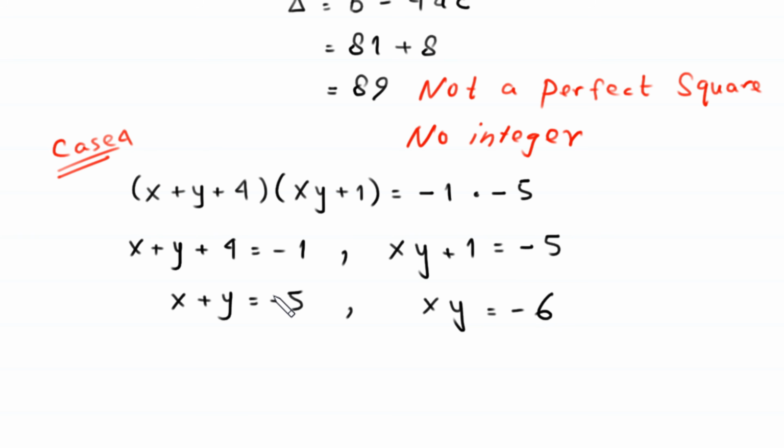Move this x to the right hand side. This implies that y is equal to negative 5 minus x. Replace this y with this negative 5 minus x. This will become x times (negative 5 minus x) equal to negative 6.